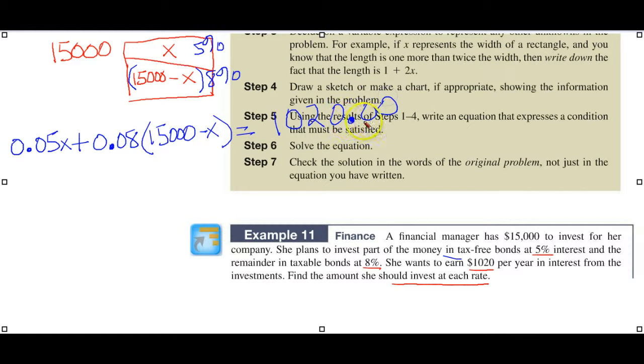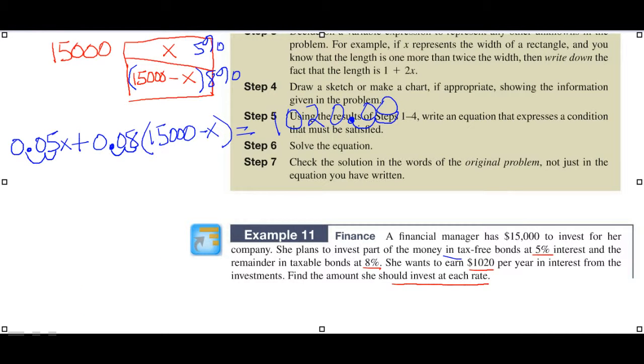Now I'm putting 2 dots there, 2 decimal places, so I can do what I want to do, get rid of all my decimals by multiplying each term by 100. And that's my new equation.